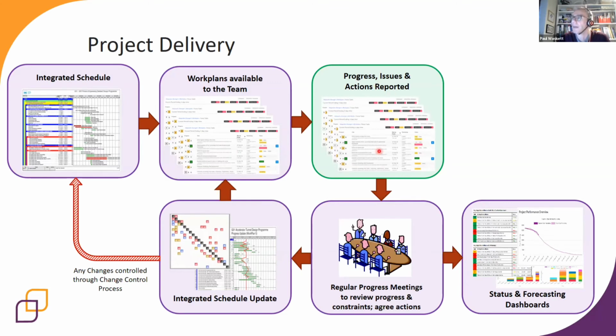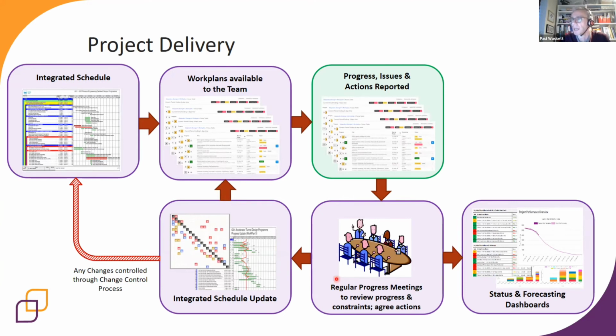And then we have them every week or maybe every 2 weeks, depending on the needs of the project, report their progress, their issues, their blockages, their constraints, and any actions they can identify to overcome those constraints and those blockages. And that can then get talked about in a project team meeting. And we can agree how we're going to close those actions out, make sure we've got the right responsibilities, get people committed to closing them and get them closed.